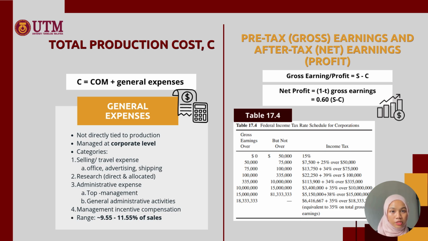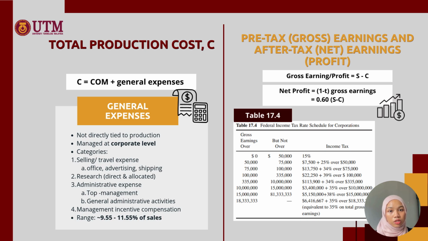Second, research expenses, which can be both direct and allocated. Third, administrative expenses, which include top management and general administrative activities. And finally, management incentive compensation. Typically, total general expenses are around 9.55% to 11.55% of sales.